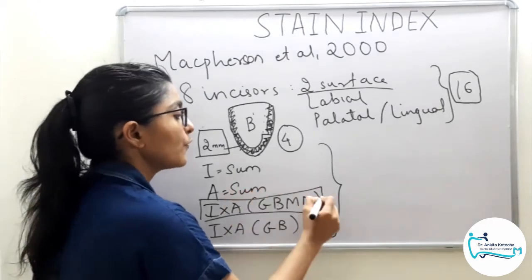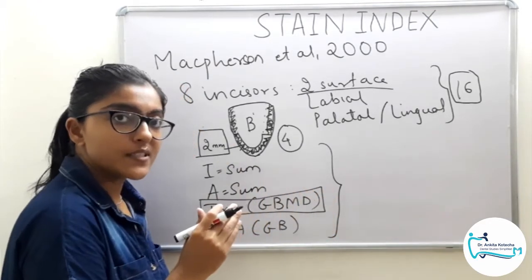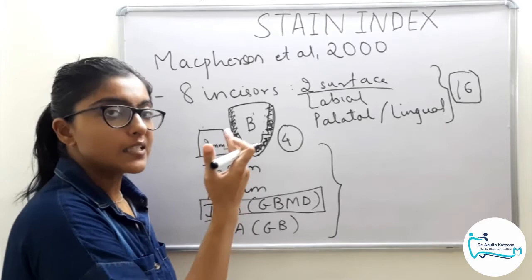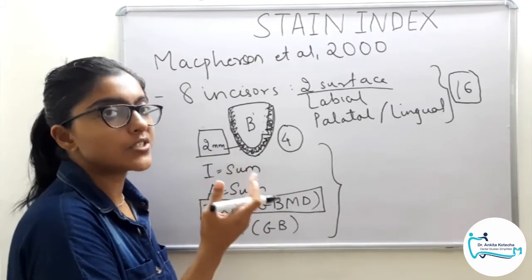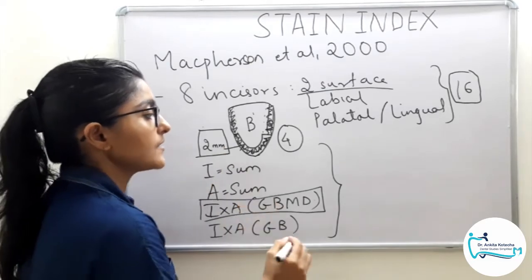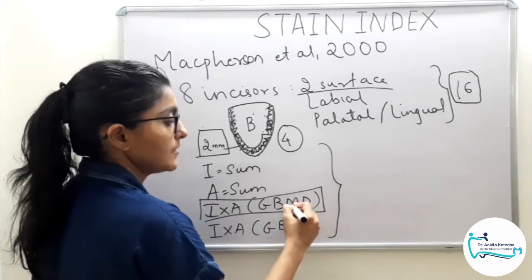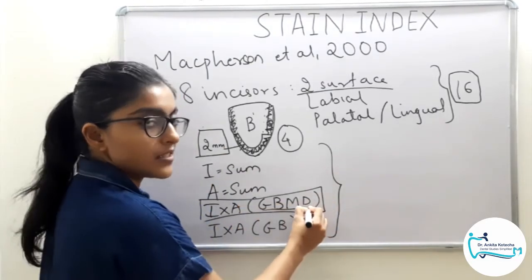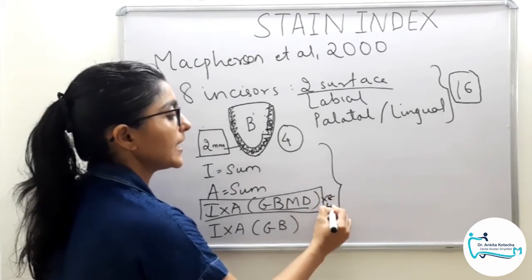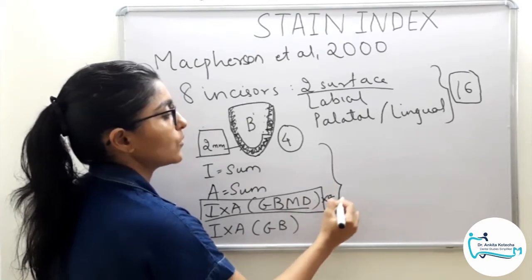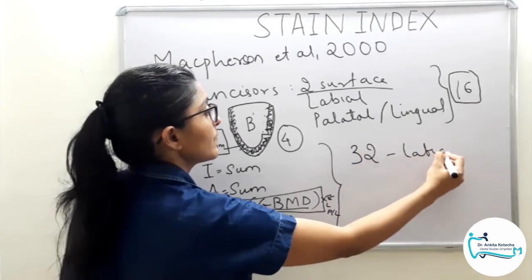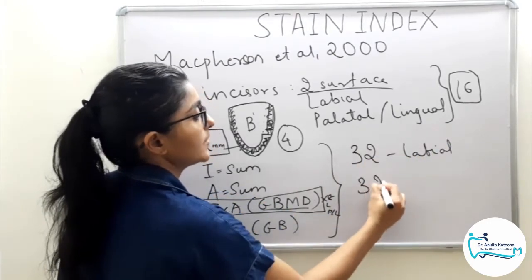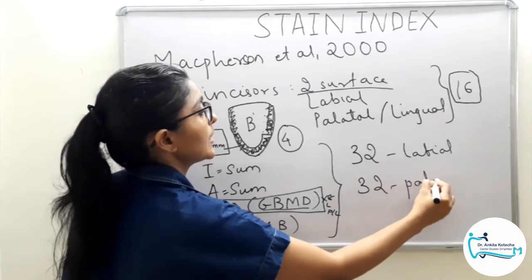But here we have 8 surfaces labial, 8 surfaces palatal, so total 16 surfaces and 4 regions each. The first difference is the number of surfaces, because 4 regions into 8 surfaces labial and palatal or lingual. So 4 8s are 32 labial surfaces and 32 palatal or lingual.